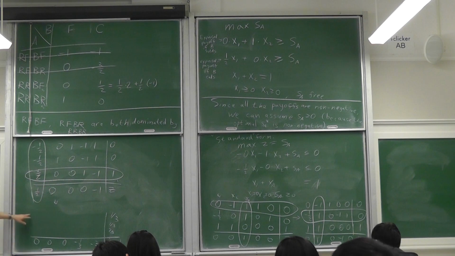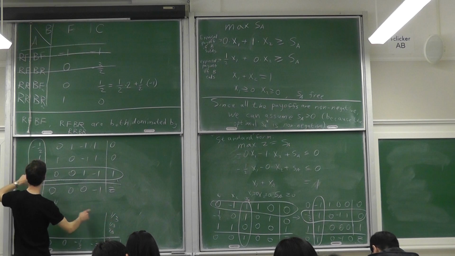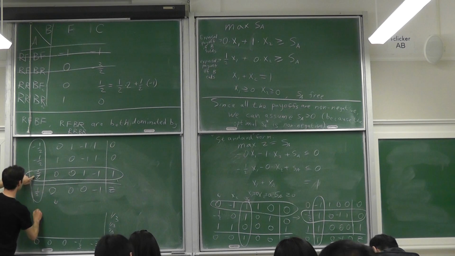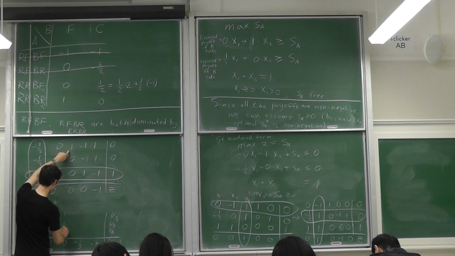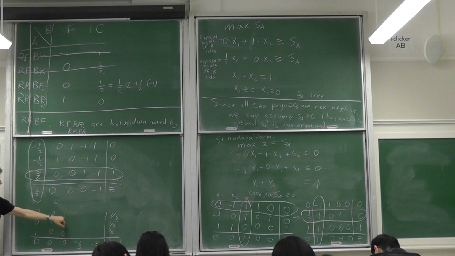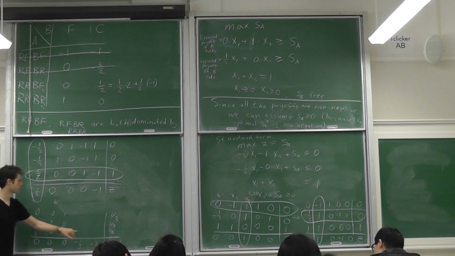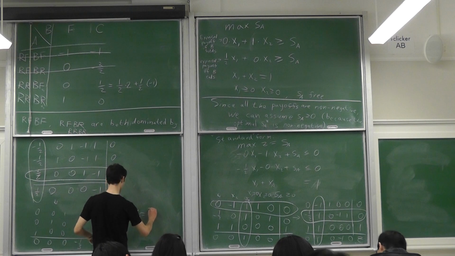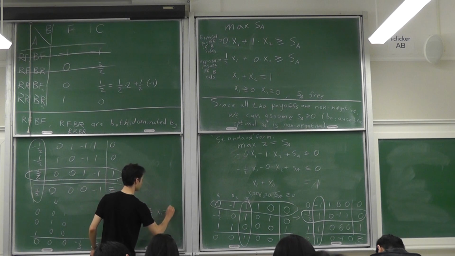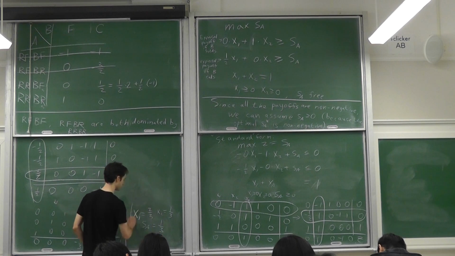And the corresponding variables which are basic in this case are, so here we have 1, 0, 0. Here we used to have 0, 1, 0, and 1, 0, 0. So we see SA is 1/3, X2 is 1/3, X1 is 2/3.